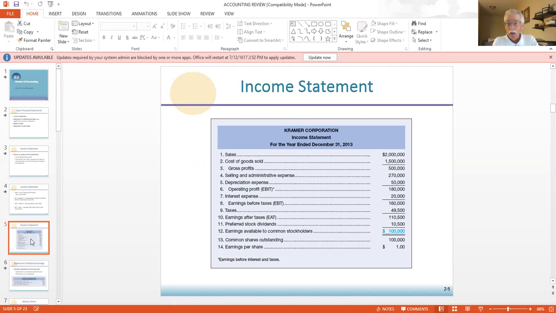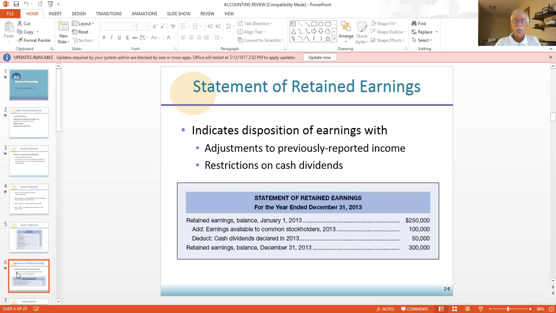Taxes are at $49,500. So our net income, or bottom line here, is $110,500. You can see in this particular income statement that some of the net income or bottom line is shared with preferred shareholders, and then a dividend has been paid out.